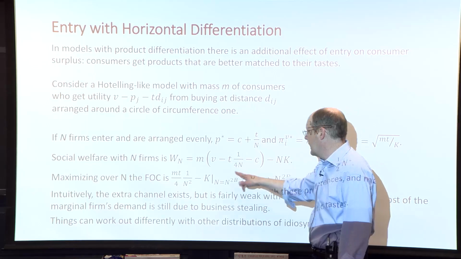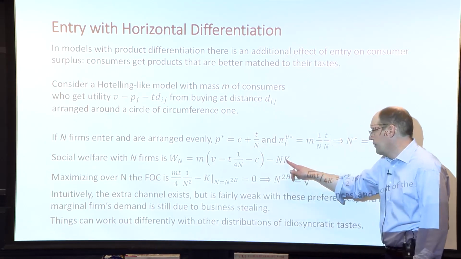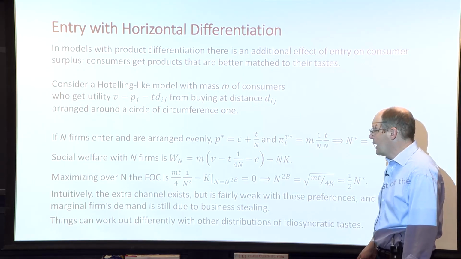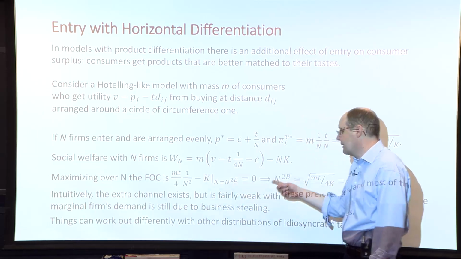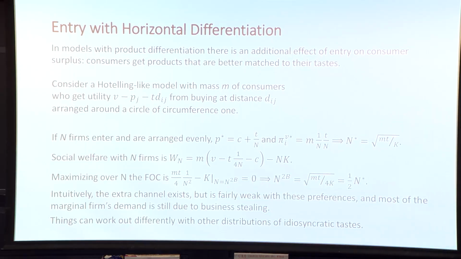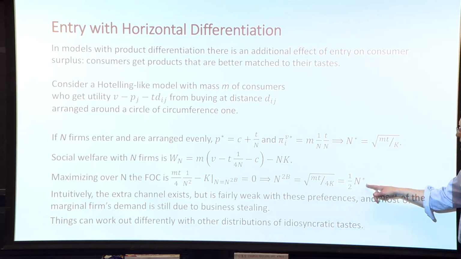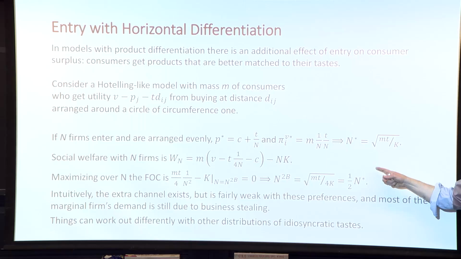Derivative of this with respect to n is mT over 4 times 1 over n squared. Derivative of this with respect to n is just k. And so what I get is that mT over 4 times 1 over n squared minus k, evaluated at n second best, equals 0. And second best is square root of mT over 4k, which is exactly half of n star.